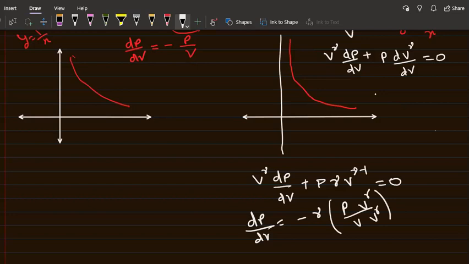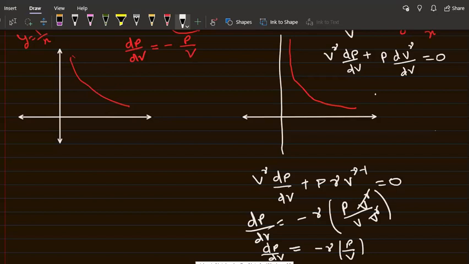Everyone's getting this? So V to the power gamma will be cancelled. So this will be equal to minus gamma into P by V. Got it? dP by dV for adiabatic process.